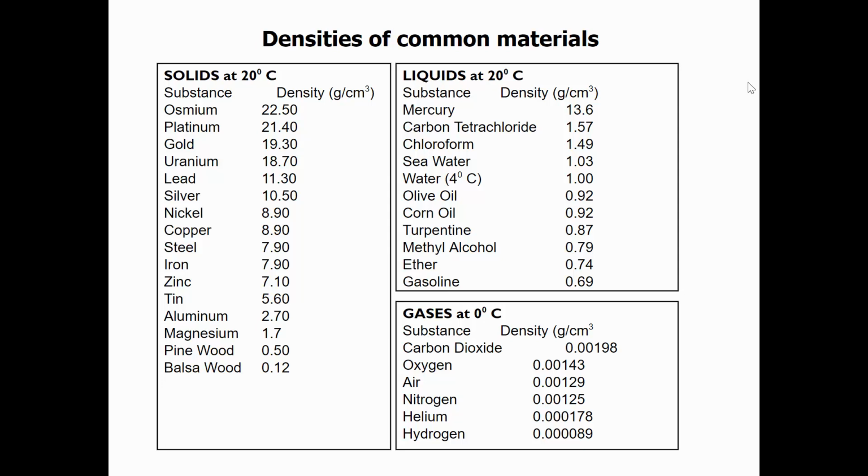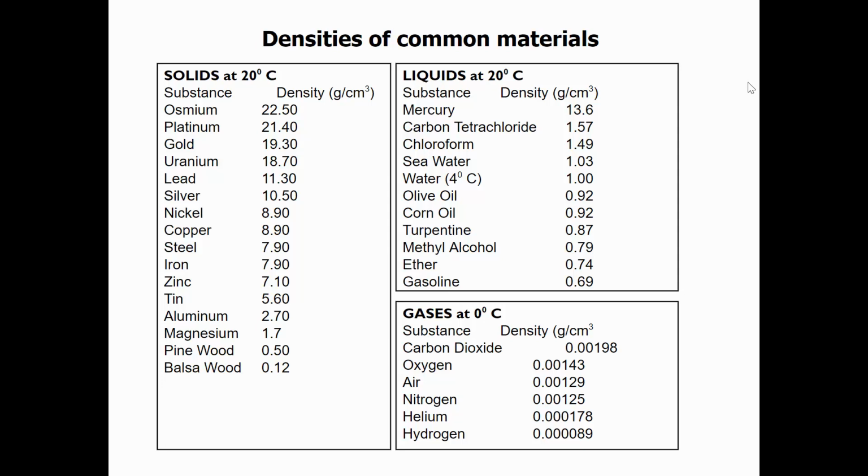Is there an example of that, Mitchell? Mercury. So look at mercury up there. Mercury, the most dense liquid. Mercury has a density of 13.6. So you could float steel, copper, silver, lead, even a block of lead would float in mercury.